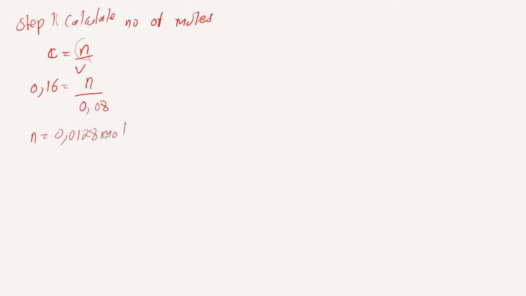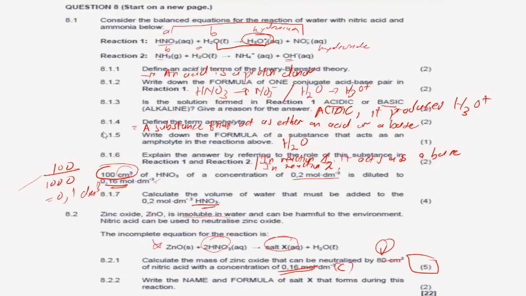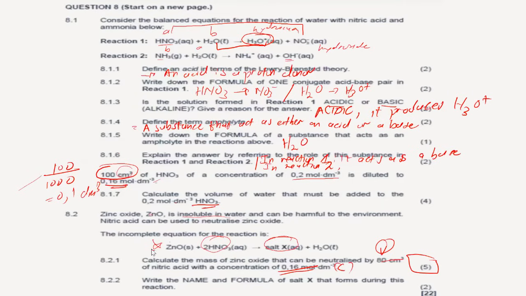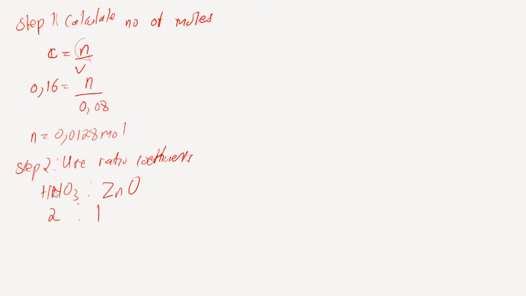But we are not looking for nitric acid. We are looking for zinc oxide. So step 2 is to use ratio coefficients. The ratio of nitric acid to zinc oxide is 2 to 1, as we can see from the equation.